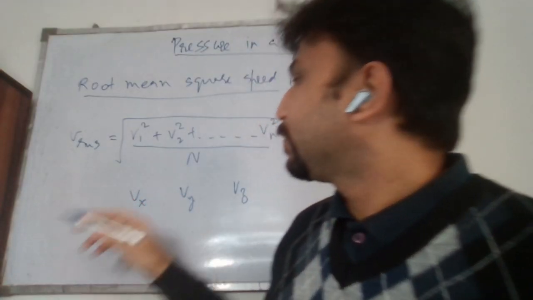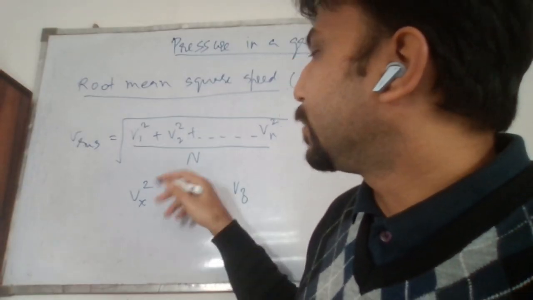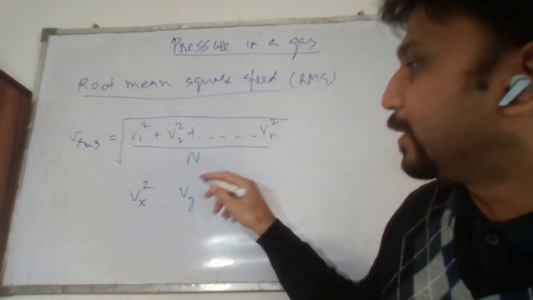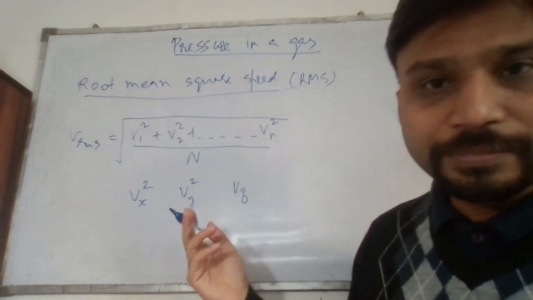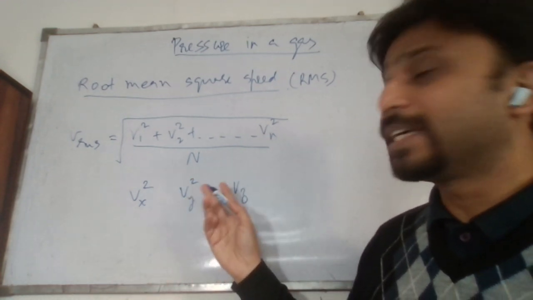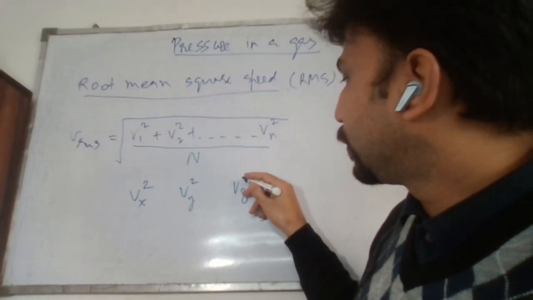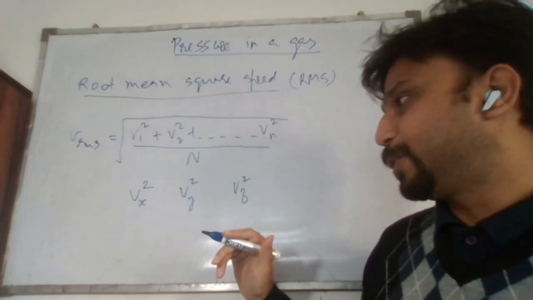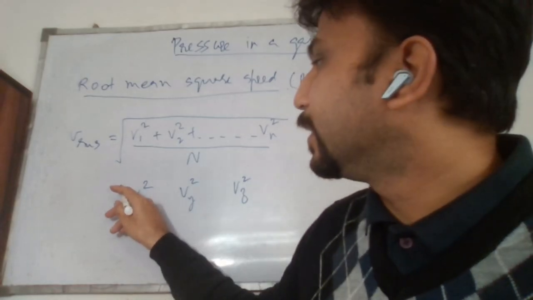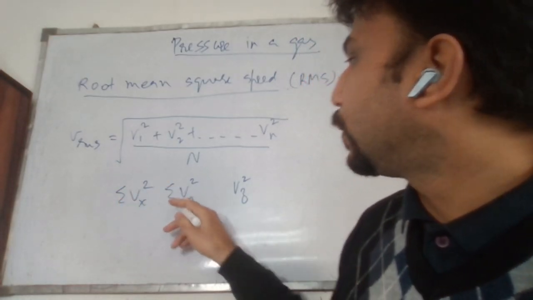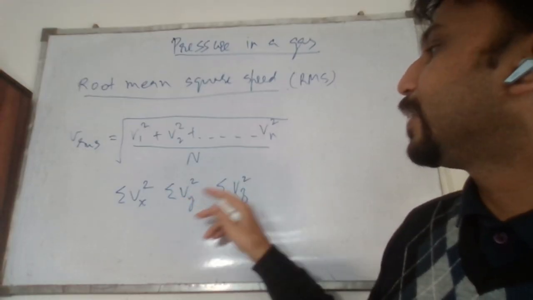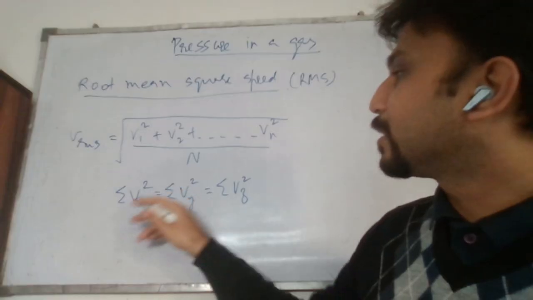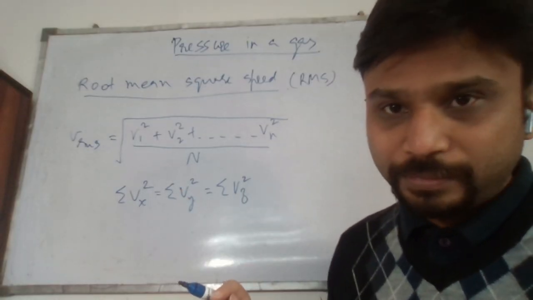So if I square the speed of a single particle in x direction, in y direction, and in z direction, and add them up for all the particles, I can say that all these summations will be equal.